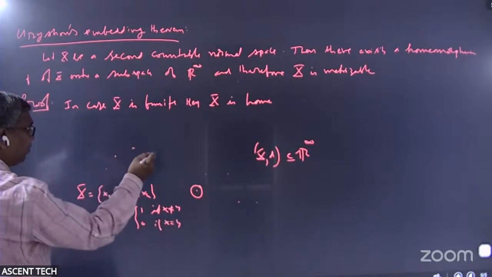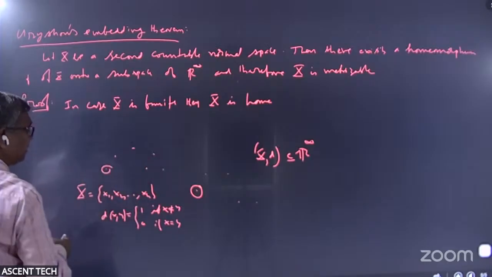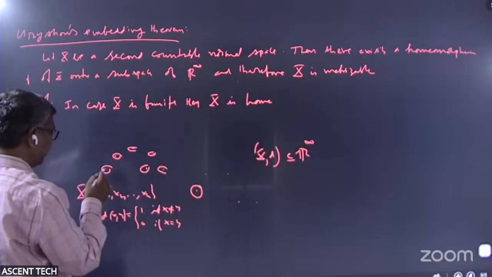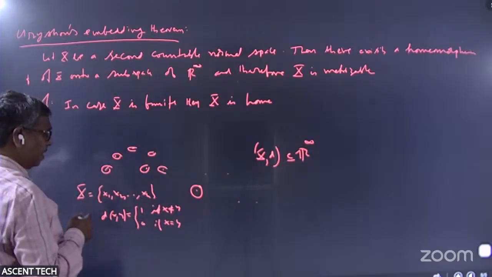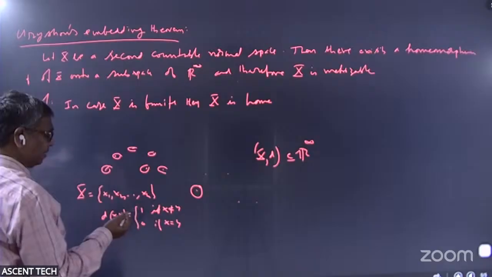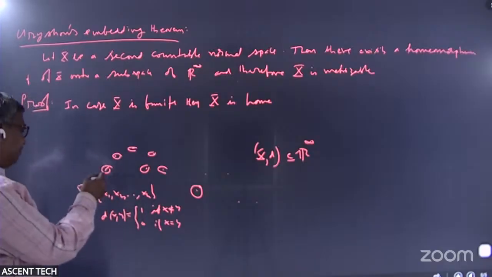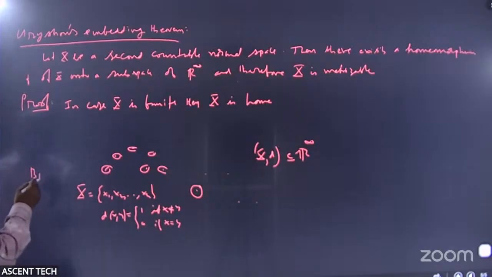Each point by itself is an open set, because if the distance is less than half, then only 1 point is in that ball, since the distance to any nearby point is 1. If you take a ball of radius half centered at any X, that contains X alone, so that becomes a discrete space.